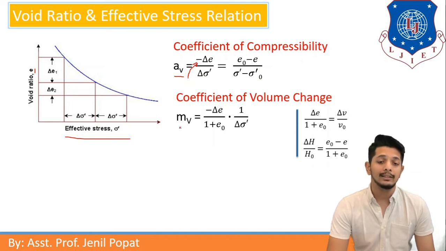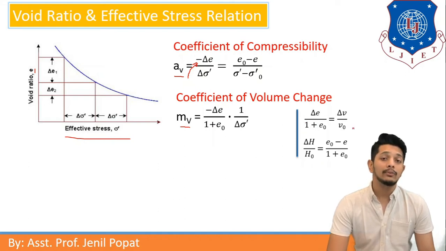The empirical formula for that is mv. It is denoted by mv, and the formula for mv is minus delta e upon 1 plus e0 into 1 by delta sigma dash. It can also be written as delta V by V0 is equal to delta e upon 1 plus e0.